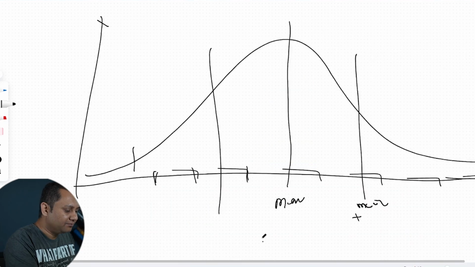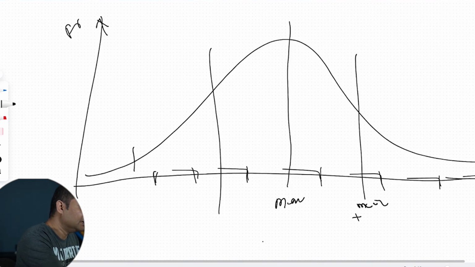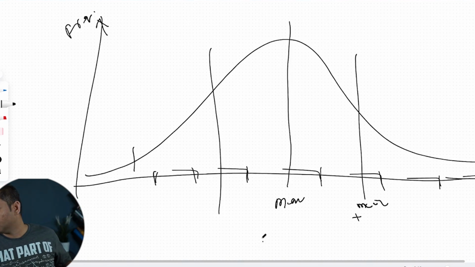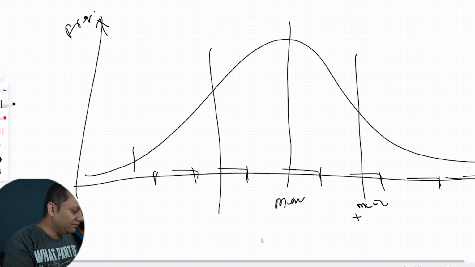These are my values of x, this is xi, and here it is the frequency. And we are talking about millions or thousands of data points.